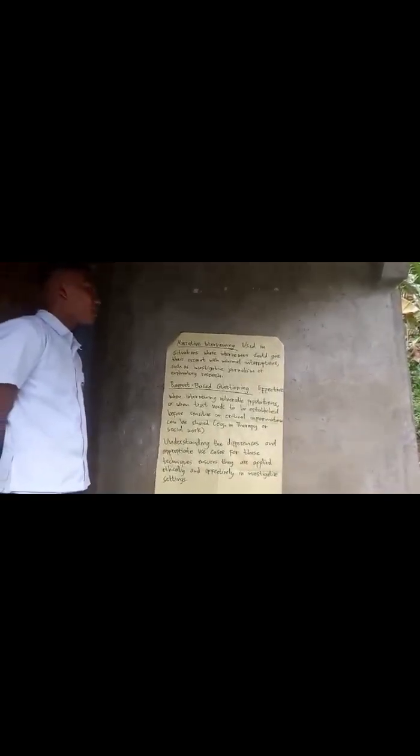Narrative interviewing: used in situations where interviewees should give their account with minimal interruptions, such as investigative journalism or exploratory research. Rapport-based questioning: effective when interviewing vulnerable populations or when trust needs to be established before sensitive or critical information can be shared, for example in therapy or social work.